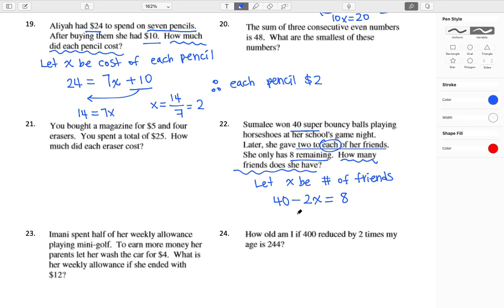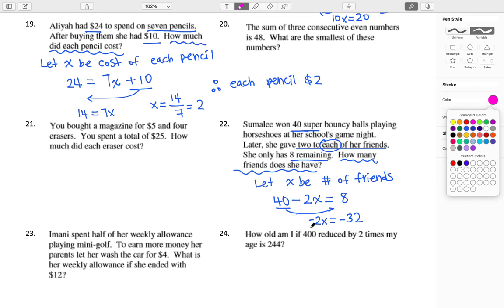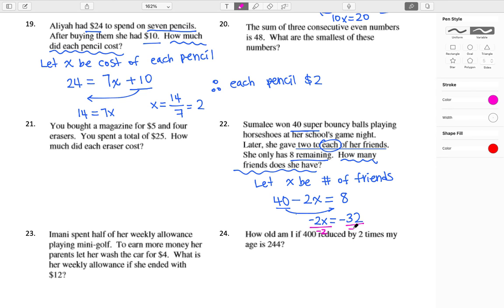So therefore, I'm going to move 40 to the other side. So on the left side, I have negative 2x equals 8 minus 40, which is negative 32. Now, what's in front of x? Negative 2. So let's divide both sides by negative 2. It cancels out. x is equal to 16.